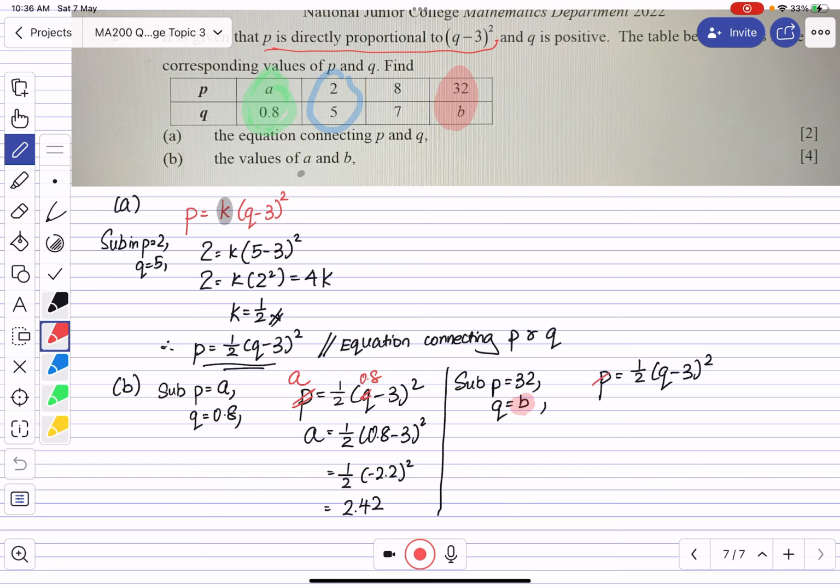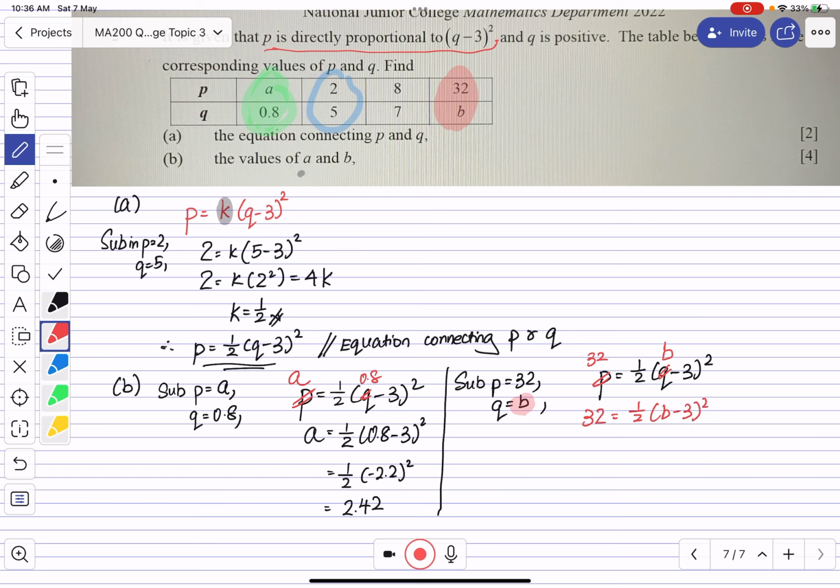My B and my A are unknowns corresponding to a certain set of values that satisfy this direct proportion equation. So 32 equals half of (B minus 3) squared.